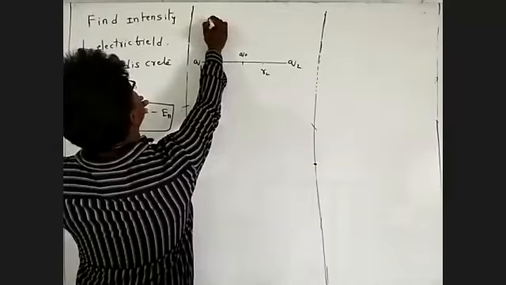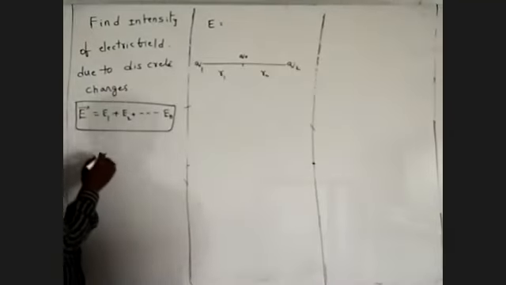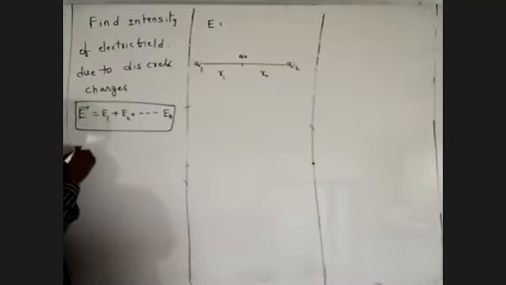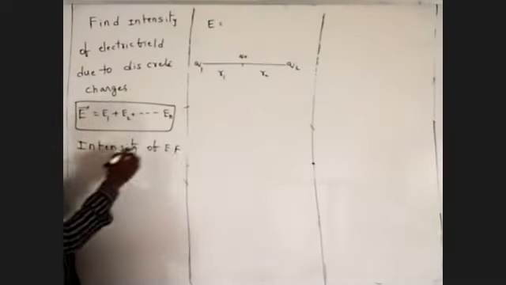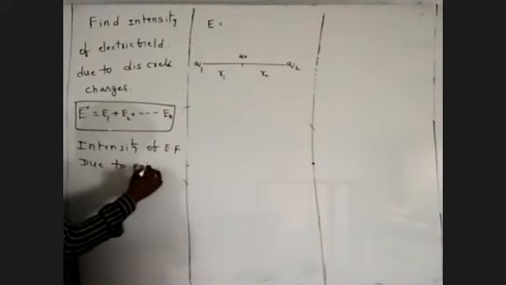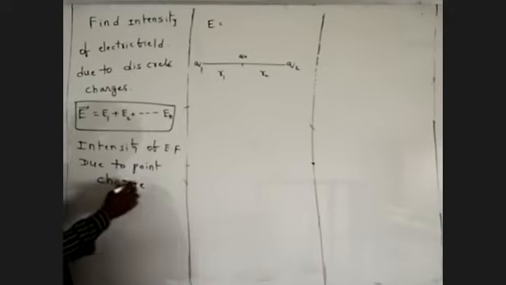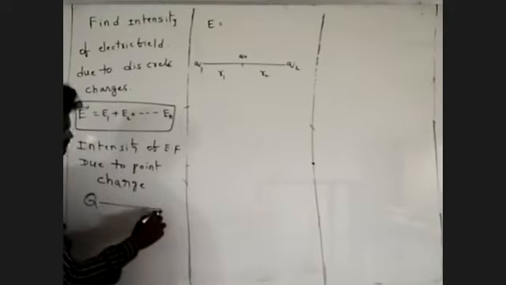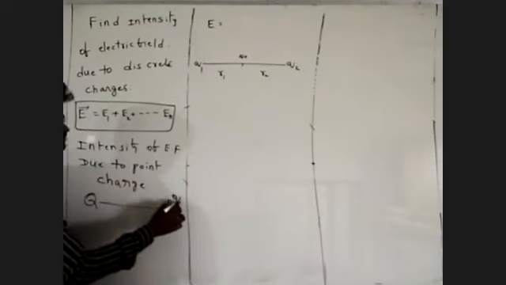So first of all, intensity of electric field due to a point charge. This is a charge Q. This is point P. This is a test charge Q0.